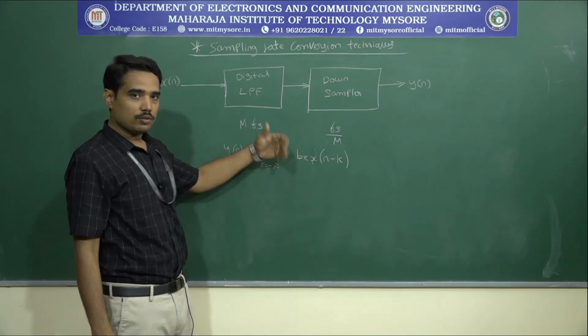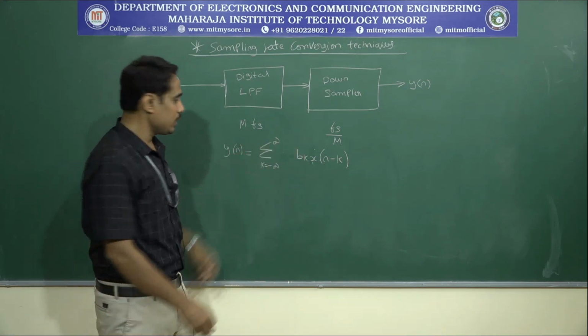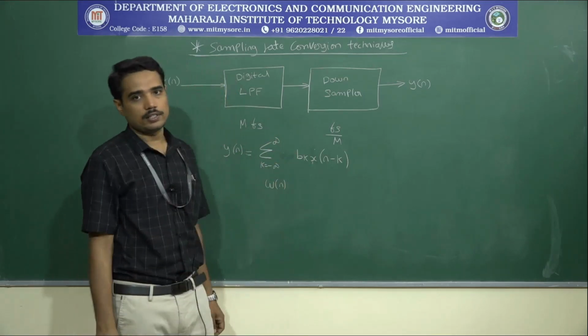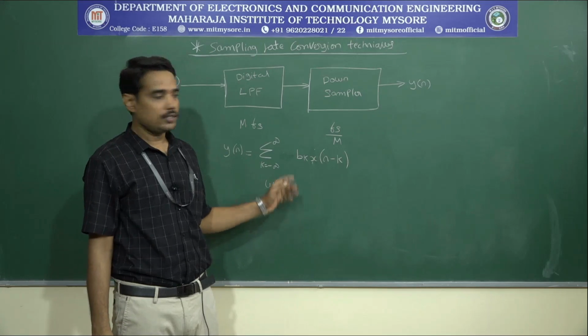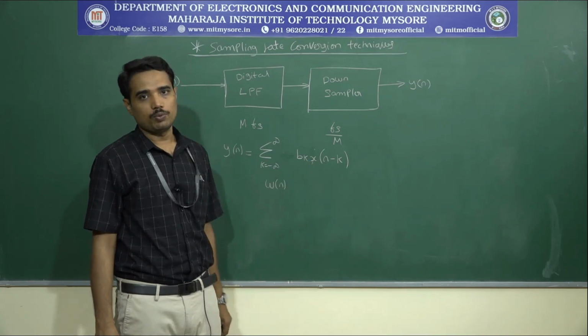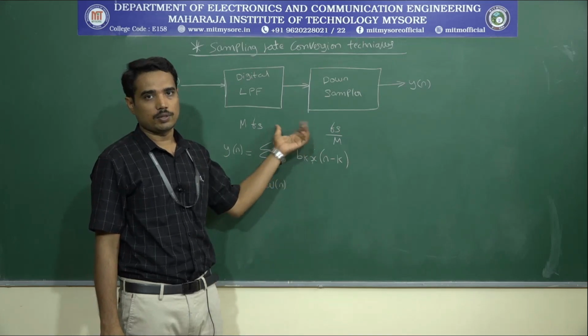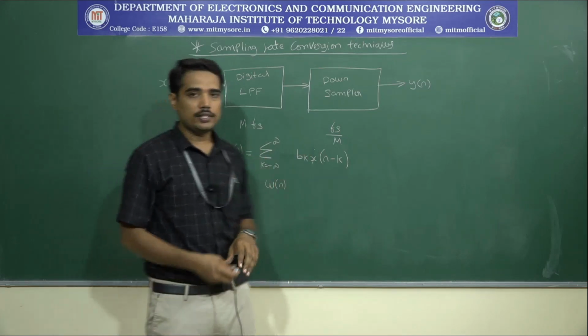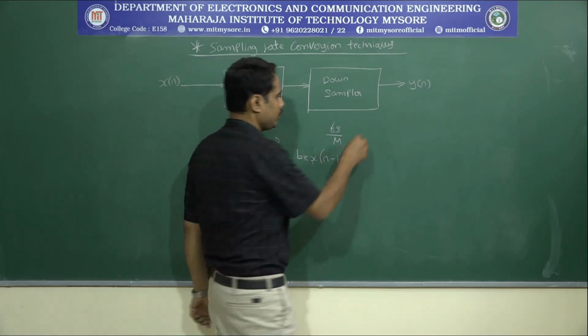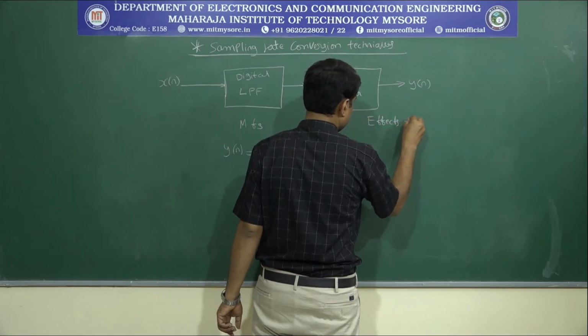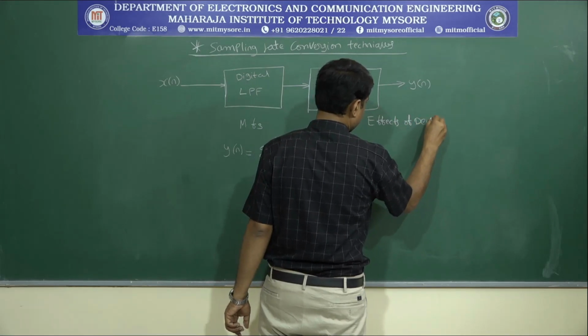For this, in advance we have to get the filtered sequence w of n. Then we are going to get the output for the decimation process. The effects of decimation.